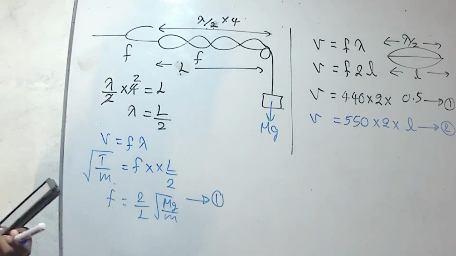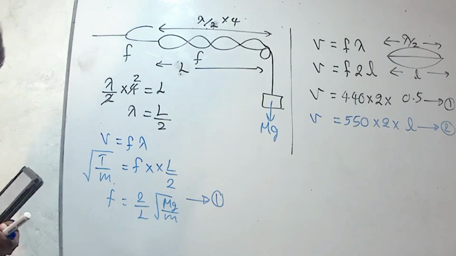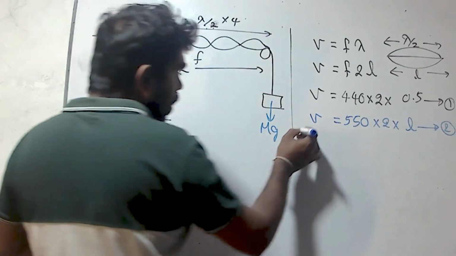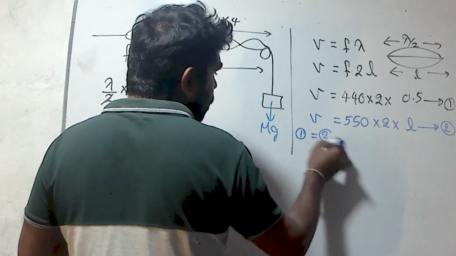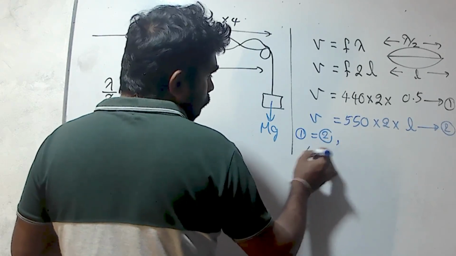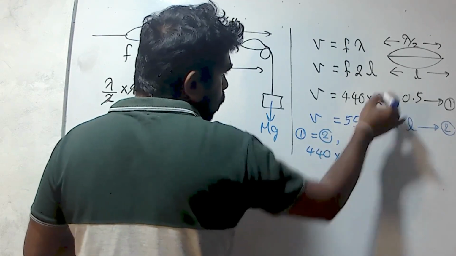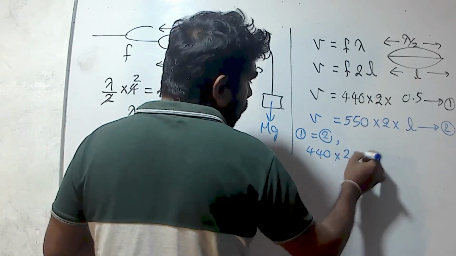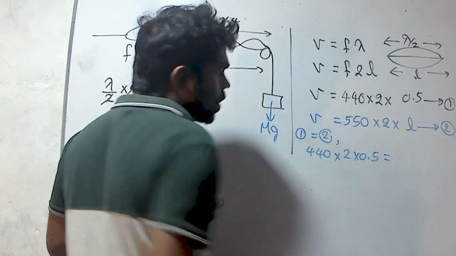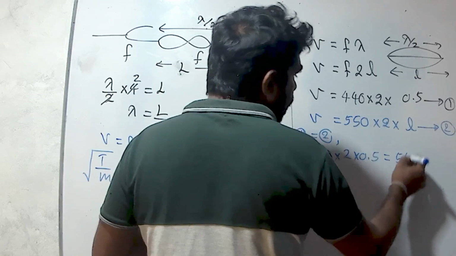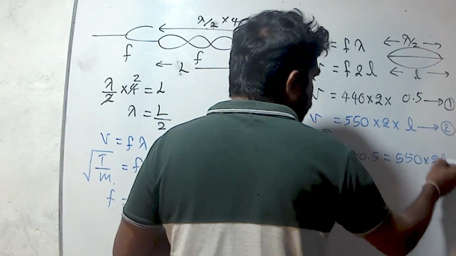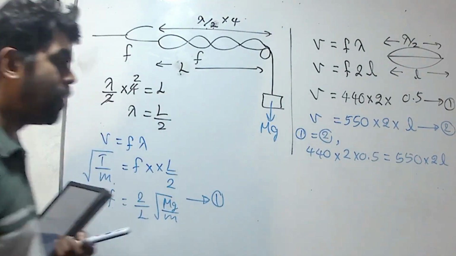Now there are 2 equations. Left hand sides are the same. Then we can equate the right hand sides. 440 into 2 times 0.5 equals 550 into 2L. Then we can find the L value.